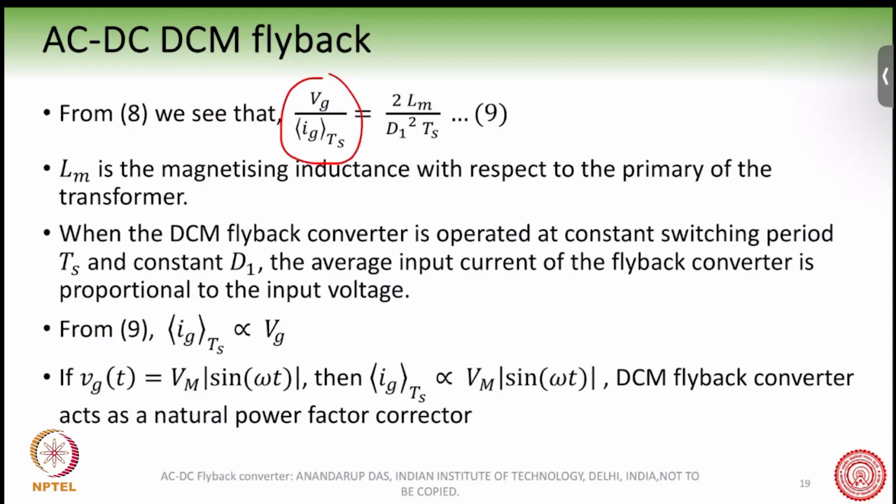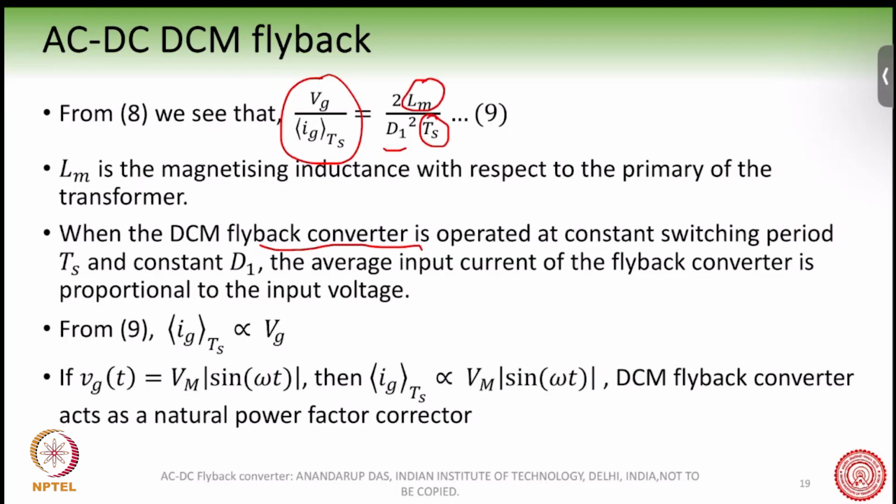When the DCM flyback converter is operating with a constant switching period, the switching frequency is constant, so Ts becomes constant.